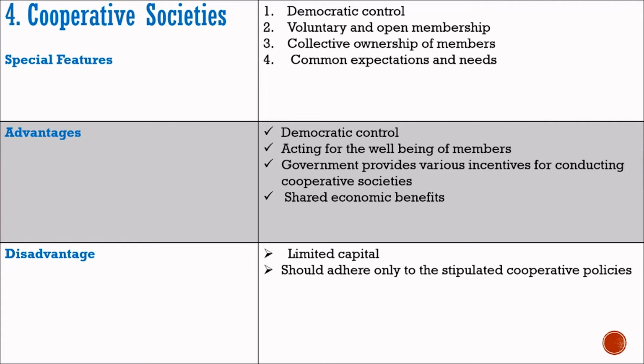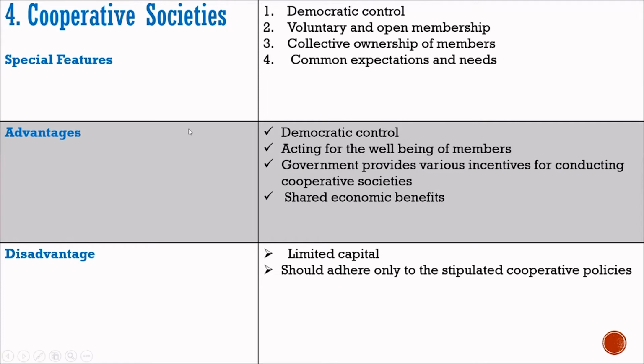So, these are democratically controlled, they are voluntary and open memberships. So if you are in a particular area and you prefer to join a cooperative society, you can do that. It is a voluntary act. It has a collective ownership and they have common objectives and needs to fulfill.